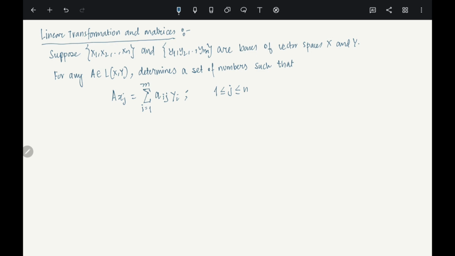Okay, fine. So what is happening is that we can visualize this as a rectangular array of m rows and n columns, which we call an m cross n matrix.